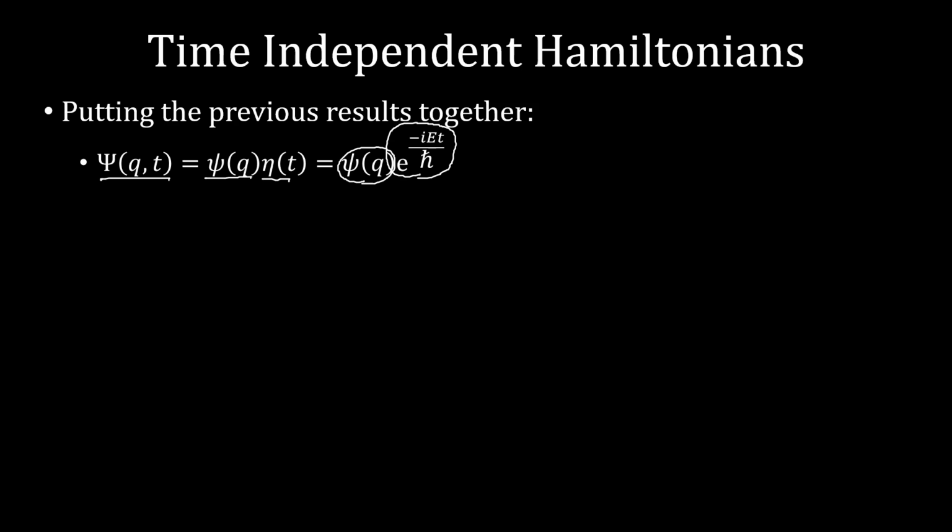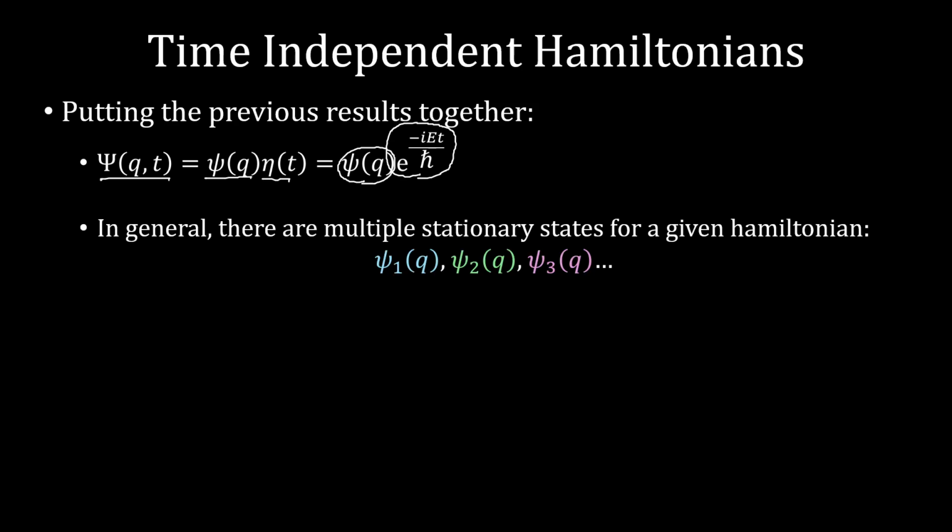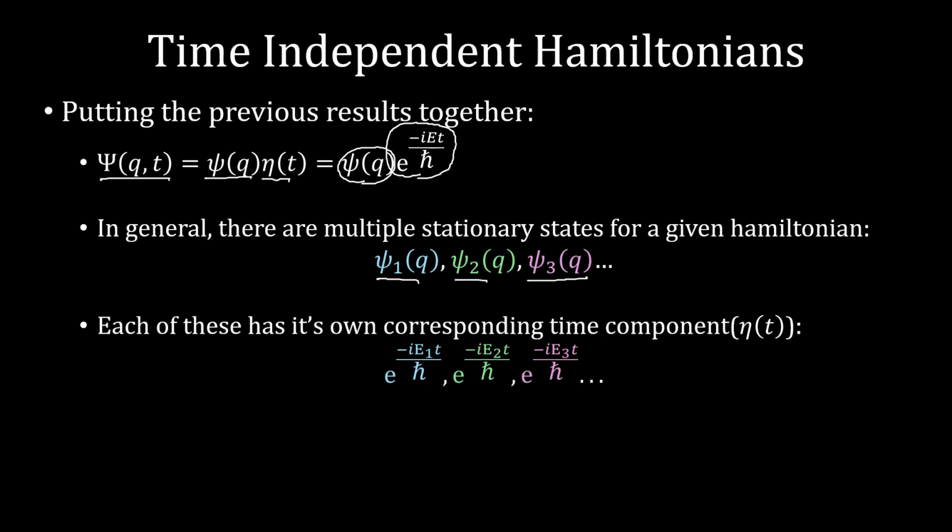But for our particular system, we're likely going to have multiple stationary states for that Hamiltonian. We'll index these psi 1 of q, psi 2 of q, psi 3 of q, and so on. These states don't necessarily have the same energy. In fact, they very likely have different energies. So each of these stationary states has its own time component where the energy is indexed.